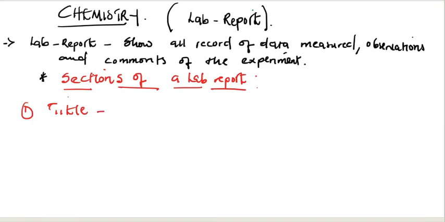As I explained earlier, you are going to be given what we call a lab manual. A lab manual shows all the experiments that you are expected to do. In each lab manual, if you are doing experiment 1, it will have the title. You just have to copy exactly the title which is in the lab manual.